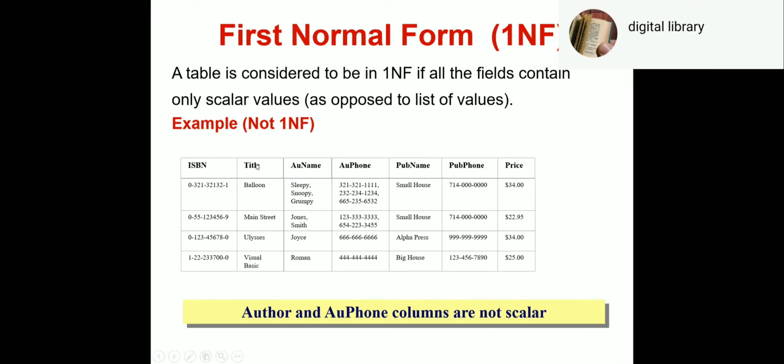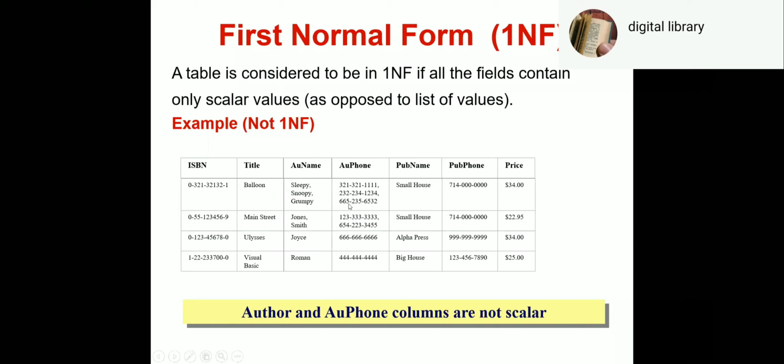ISBN number, title, author name, author phone, publisher name, publisher phone number, price. For this title, there are three authors: Sleepy, Snoopy, and Grumpy. What is happening? In one row, I'm writing the names of all three authors as a comma separated list, which means in one field of one row, you have more than one value.